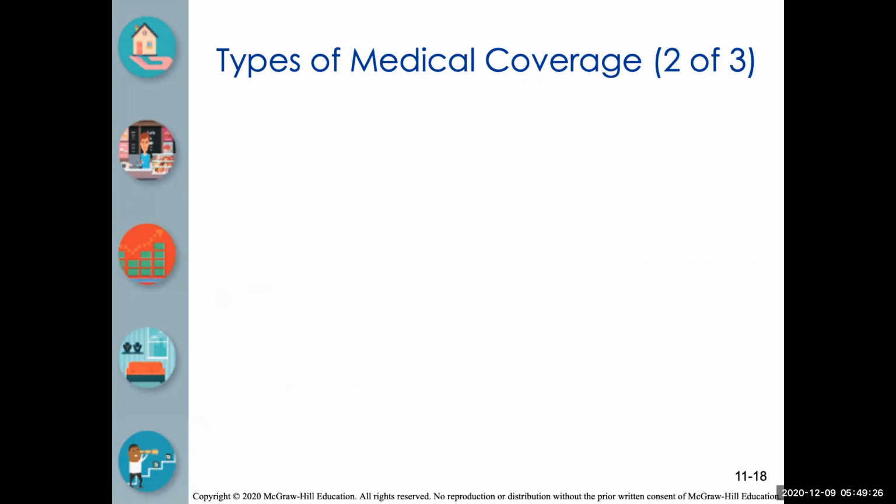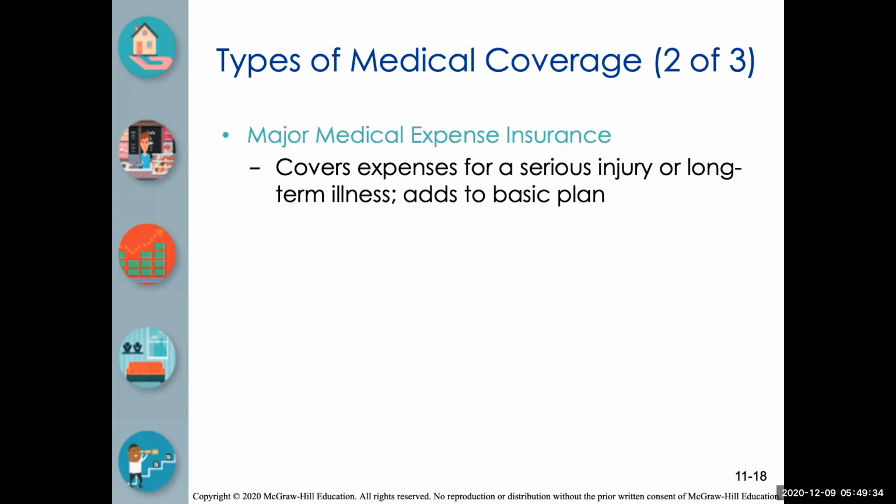We've got other things that are involved with the medical coverage, things like major medical expense insurance. This is in addition to your basic plan. This will help cover expenses that are incurred as a result of serious injury or some sort of long-term illness. So it's supplemental to your basic plan.